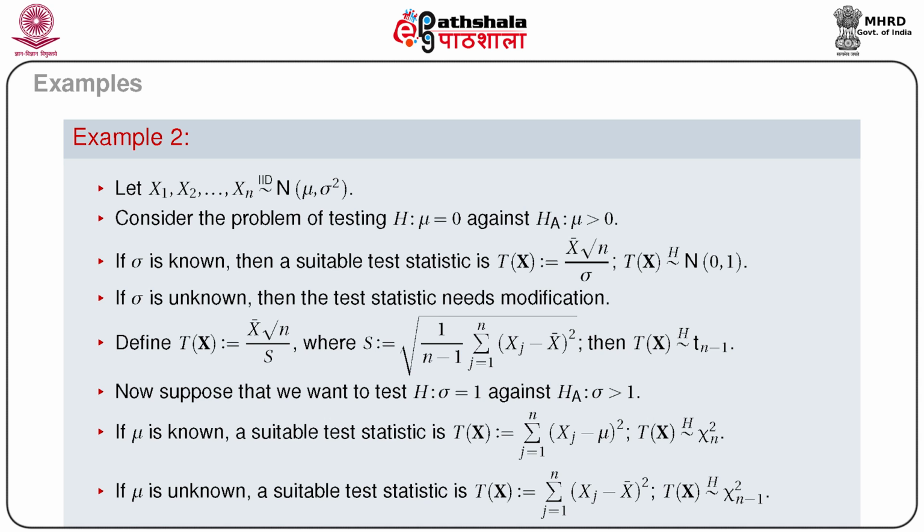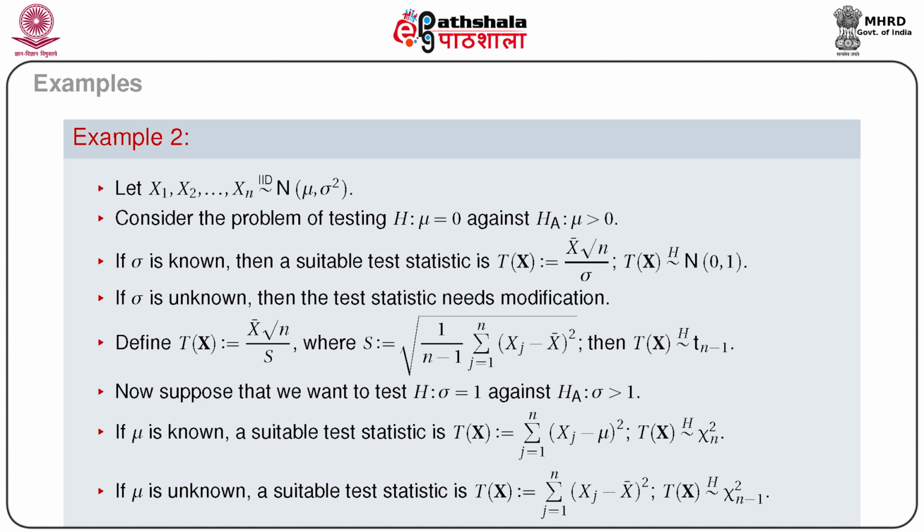Next we consider a test for the population SD. Suppose we want to test H: sigma equals 1 versus HA: sigma greater than 1.